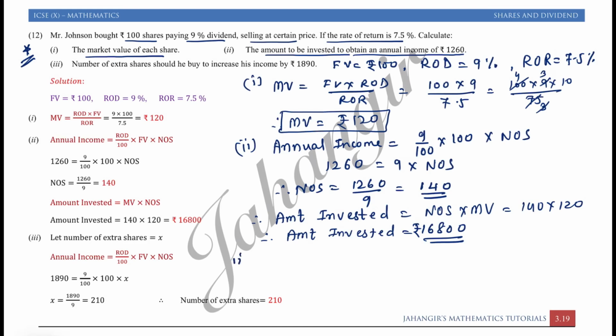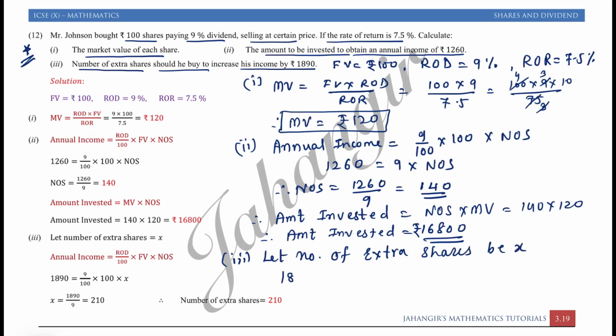Now the third question: find the number of extra shares he should buy to increase the income by 1890. So let the number of extra shares be x. 1890 is the income on x shares at 9%. 9 upon 100 into 100 into x.